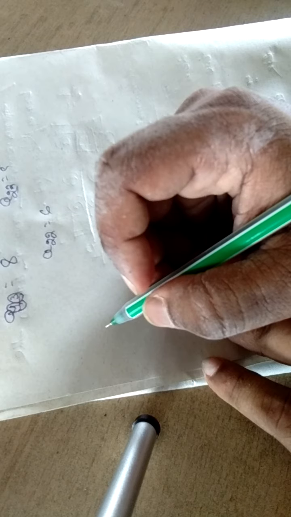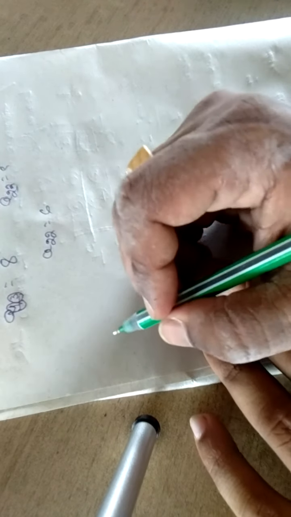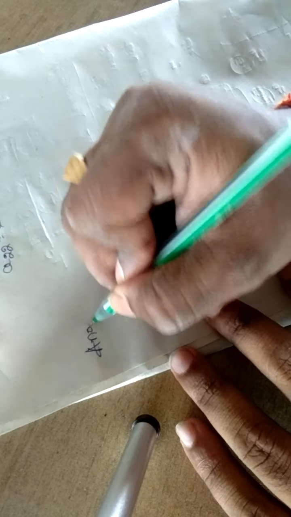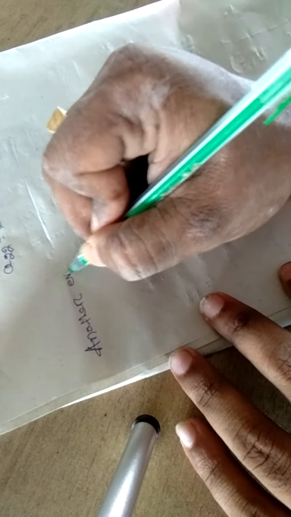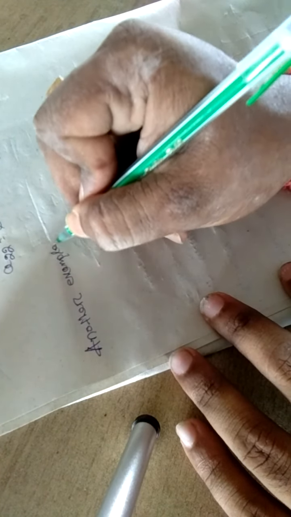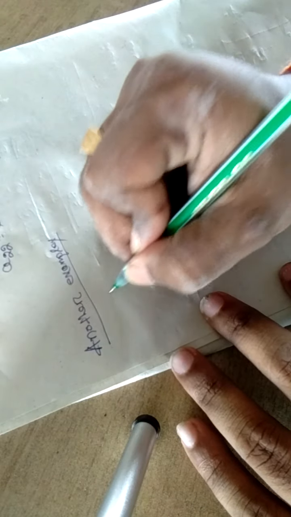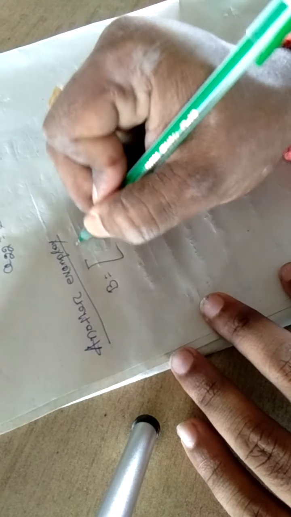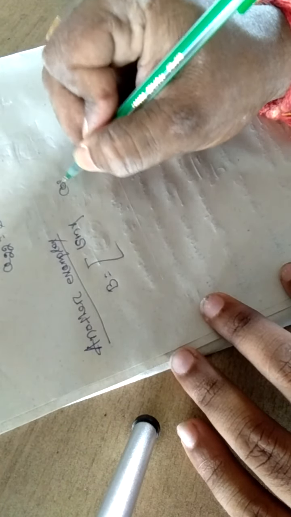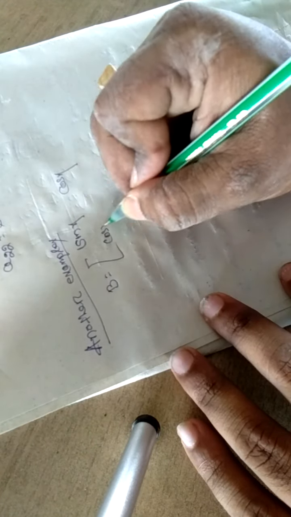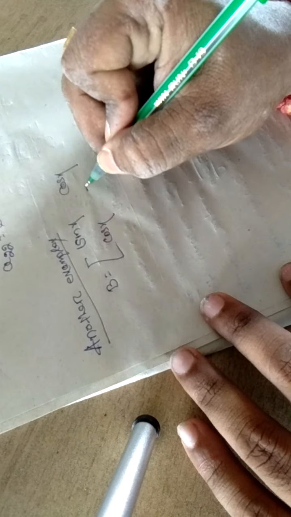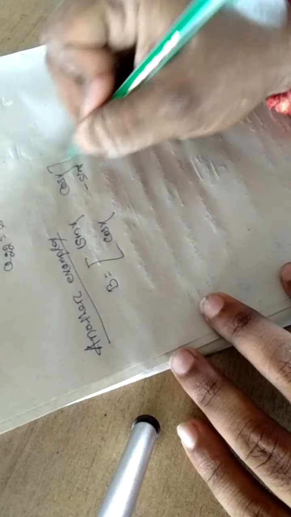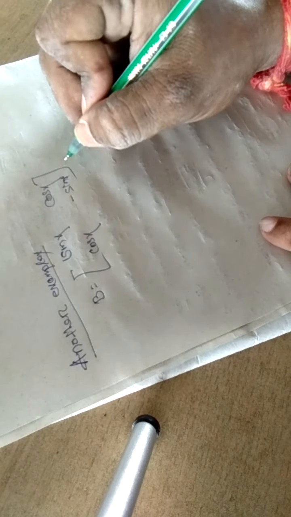Now, another example. B matrix equals sin x, cos x in the first row, and cos x, minus sin x in the second row. This is a matrix of order 2 by 2.